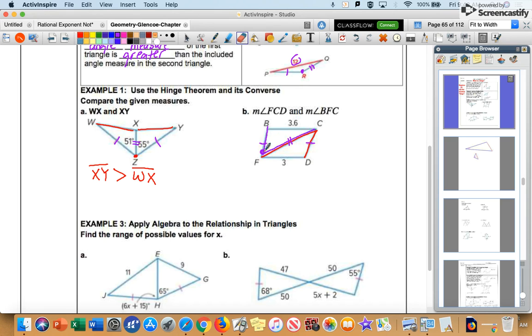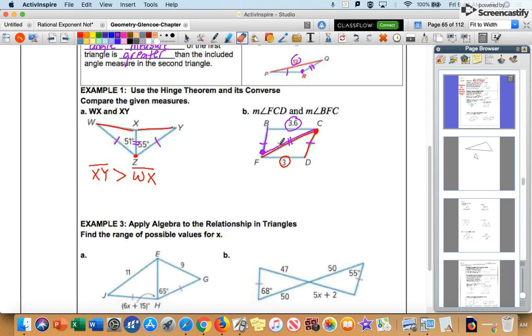So the hinge is at F on the purple one here, and the hinge is at C with our red angle here. So now let's compare the opposite side to FCD right here, which is 3, versus the opposite side to our BFC, which is 3.6.